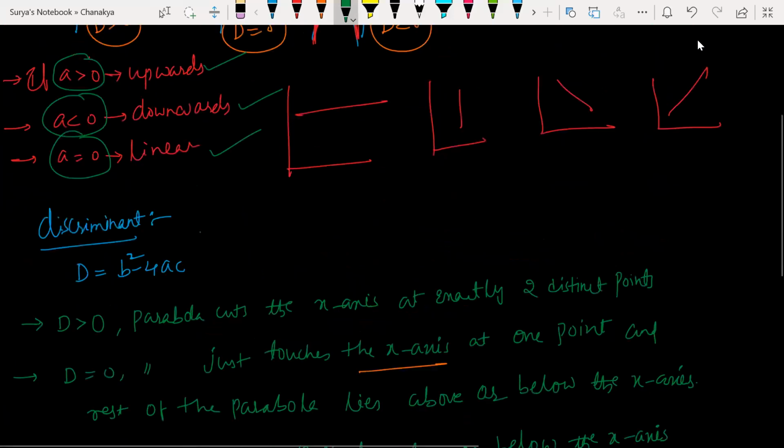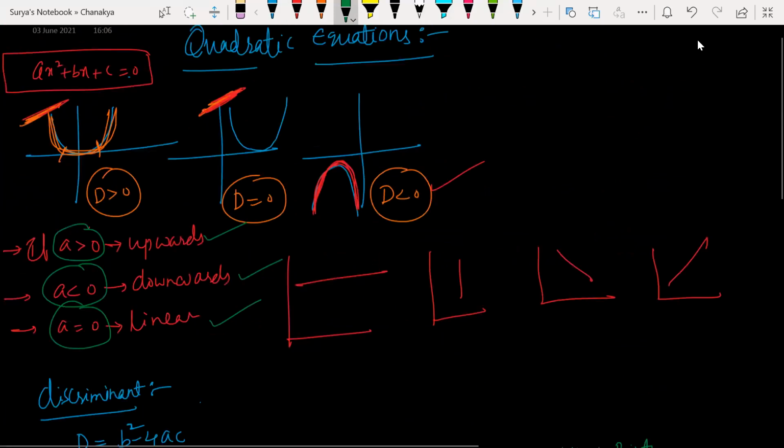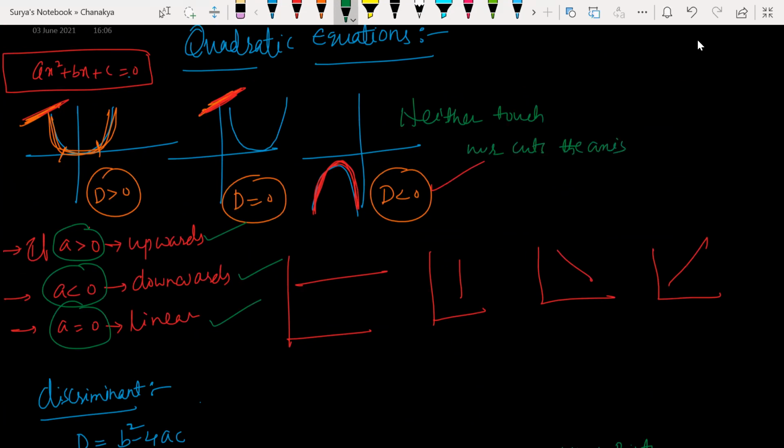Here, when D is less than 0, the parabola neither touches the x-axis nor cuts the x-axis. Getting my point? When the discriminant is less than 0, it neither touches nor cuts the x-axis.